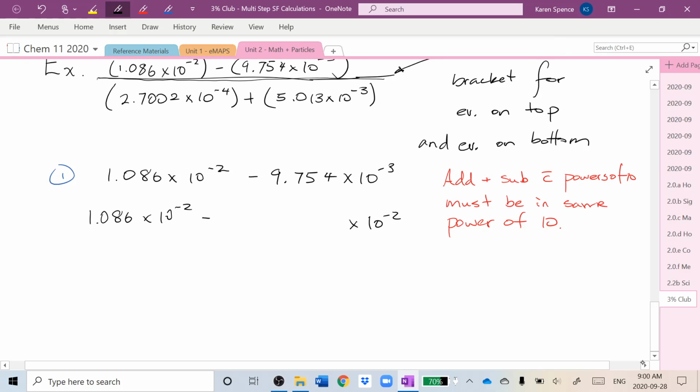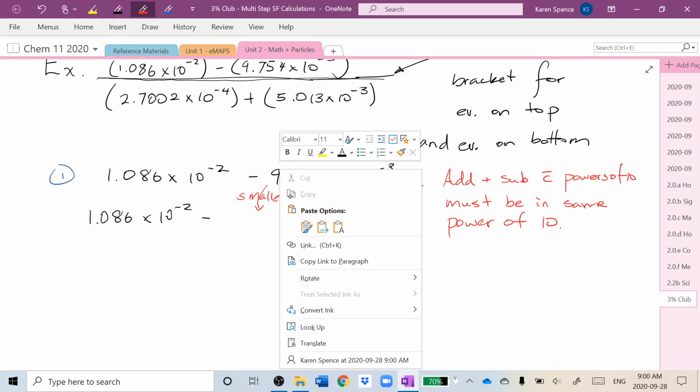Okay. And this part of the number got bigger by 1 power of 10, it went from negative 3 to negative 2. So this part of the number must get smaller by 1 power of 10.